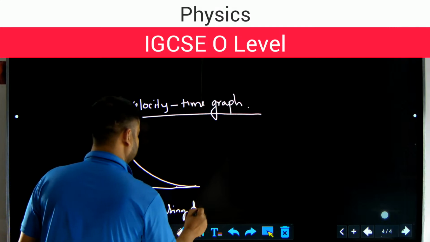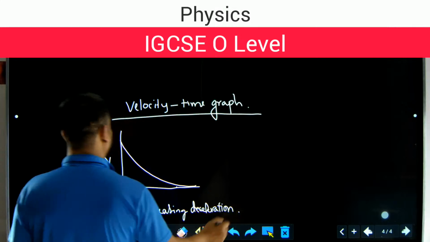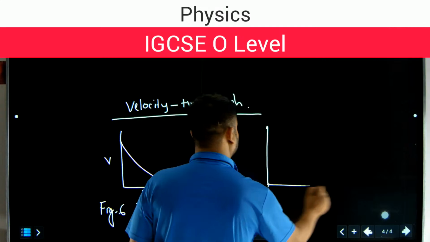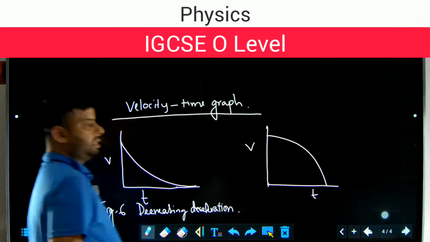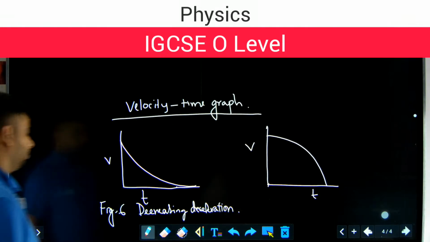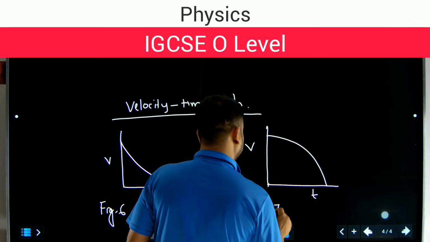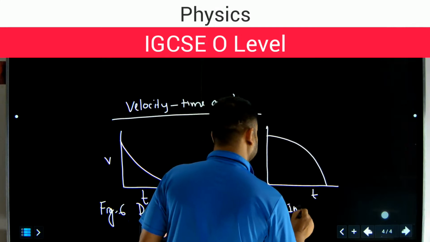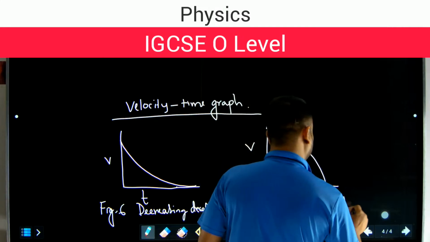And if the velocity time graph is like that, then it shows increasing deceleration, figure 7.